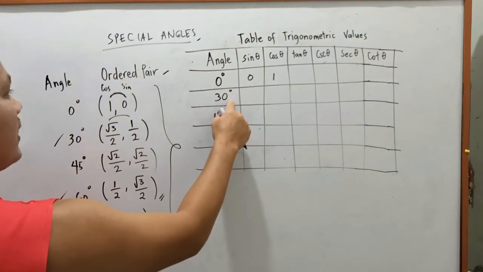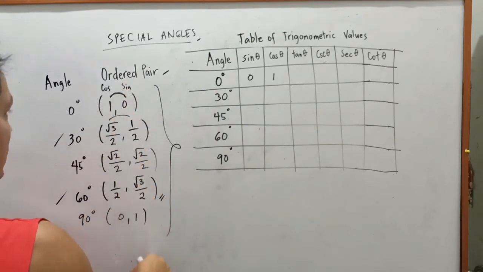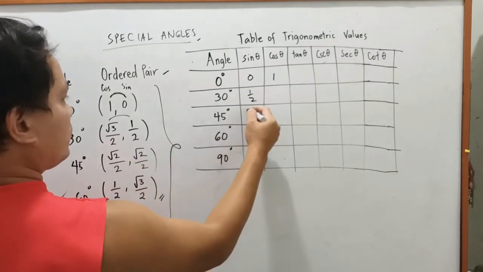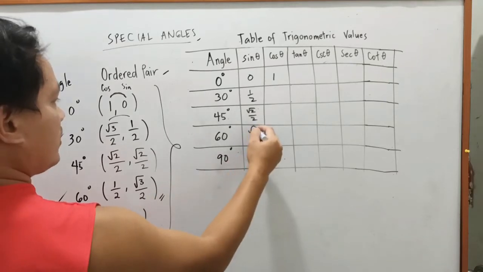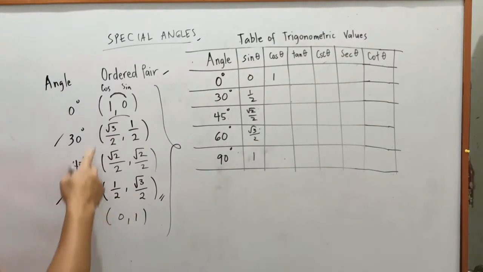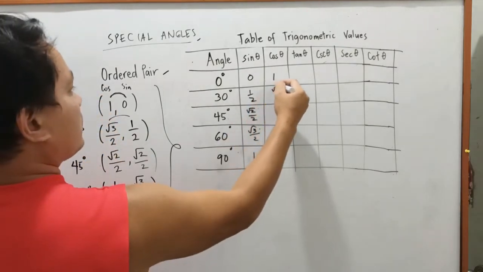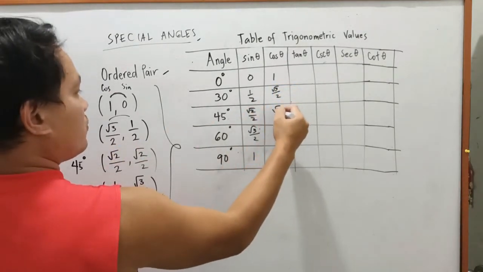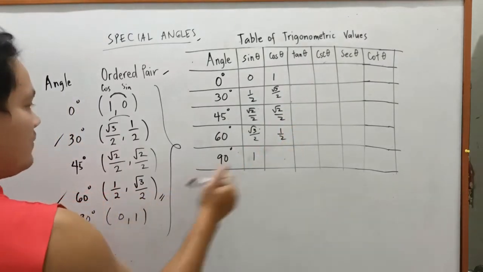For sine, we have 0, 1/2, square root of 2 over 2, square root of 3 over 2, 1. For cosine values, cosine theta, we have 1, square root of 3 over 2, square root of 2 over 2, we have 1/2, we have 0.